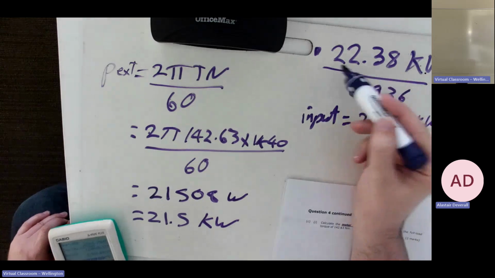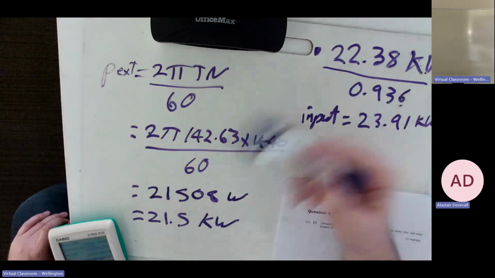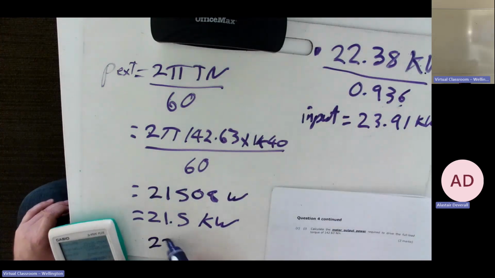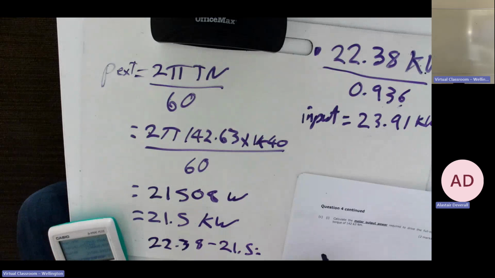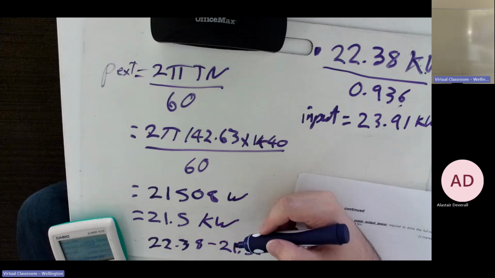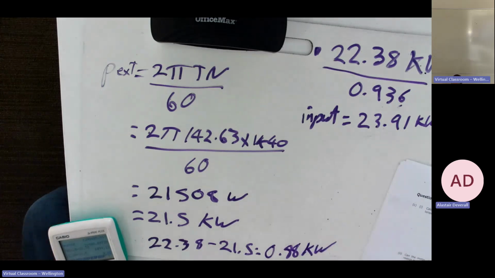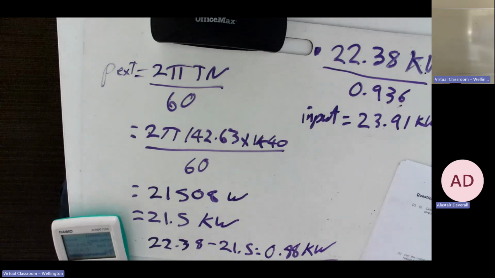The output is 22.38 kilowatts from the motor, and the required is 21.5. 22.38 minus 21.5 equals 0.88 kilowatts. So we have in excess 0.88 kilowatts of power to get it to do what we want.